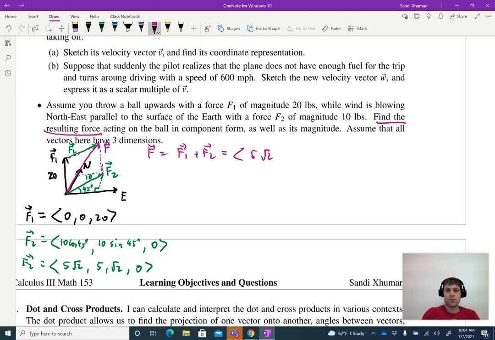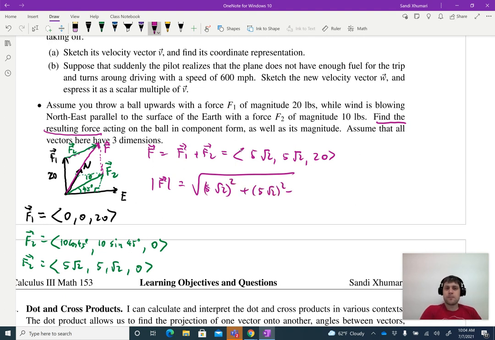It's 5 root 2, 5 root 2, and 20. So you're going to add F1 and F2 together. Okay, so we figure out the components and find the magnitude. To find the magnitude of the vector, you can use the Pythagorean theorem.